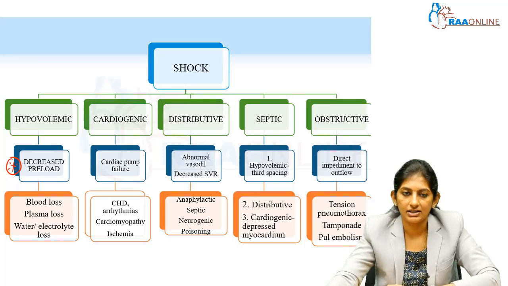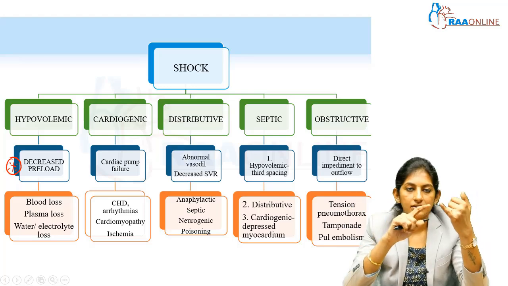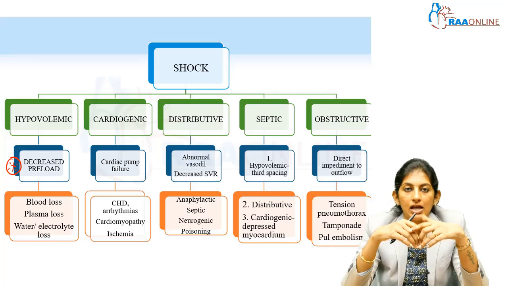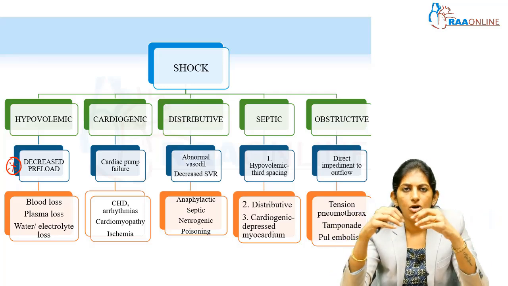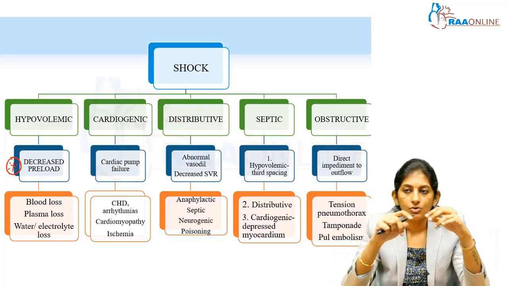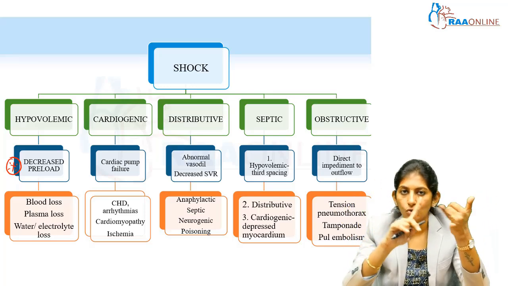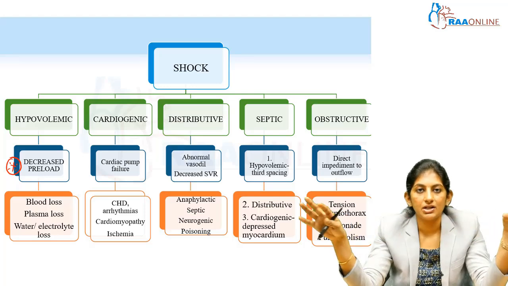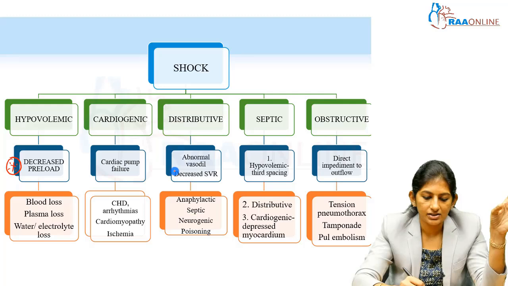The next type of shock is distributive shock. In distributive shock, the problem is in the blood vessels. The peripheral blood vessels are abnormally vasodilated. The heart is functioning normally and there is no fluid loss, but in the periphery there is vasoplegia, abnormal vasodilatation, and decreased systemic vascular resistance.